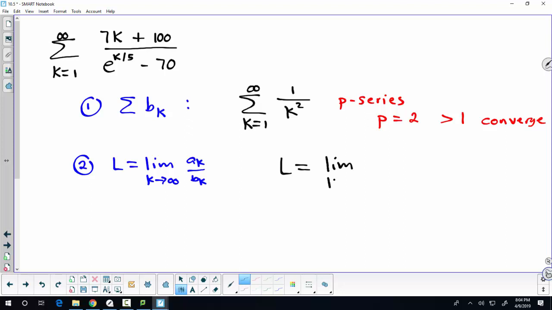So when we compute that limit as k goes to infinity, that's a times 1 over b. So it's 7k plus 100 and that stuff, times k squared over 1. So what would that limit be?